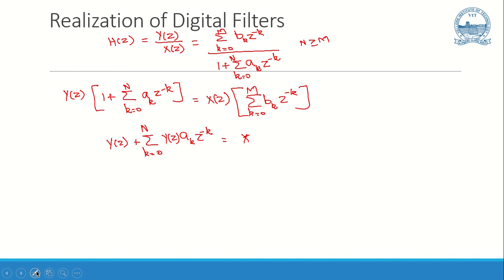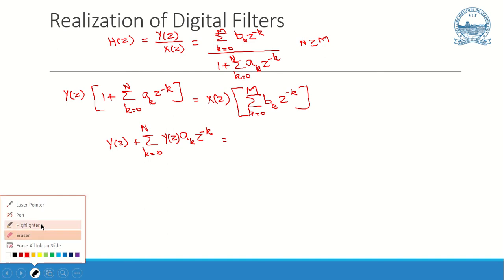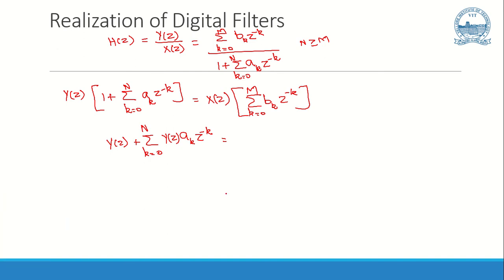summation k equal to 0 to M b k X of z into z power minus k.